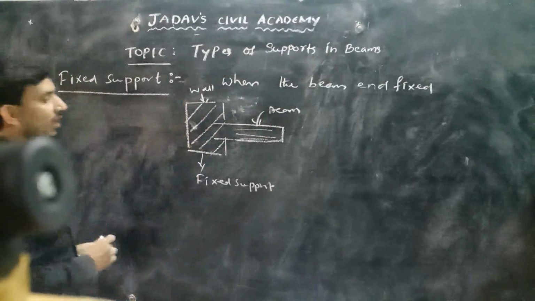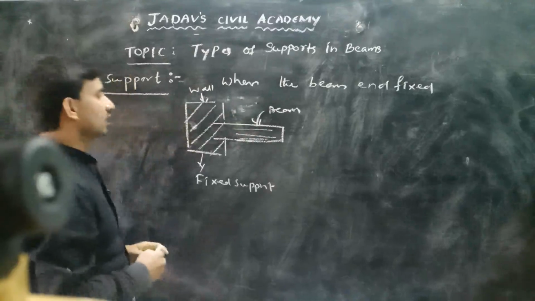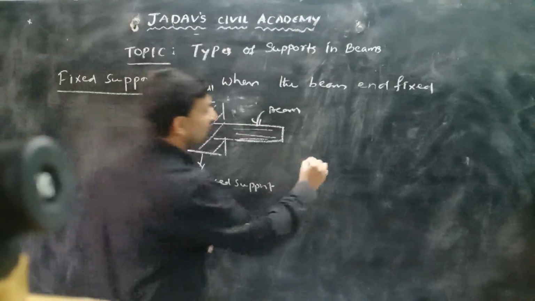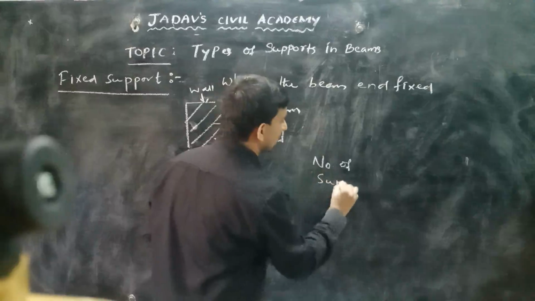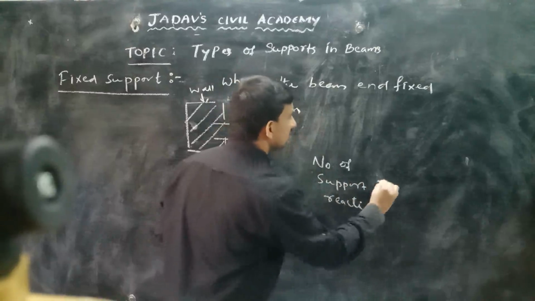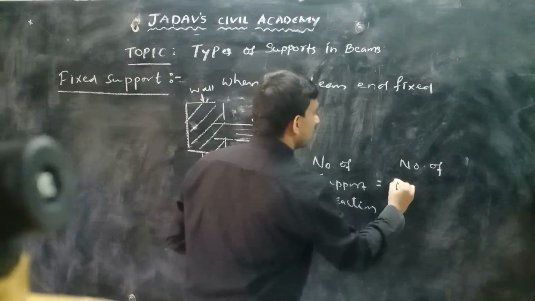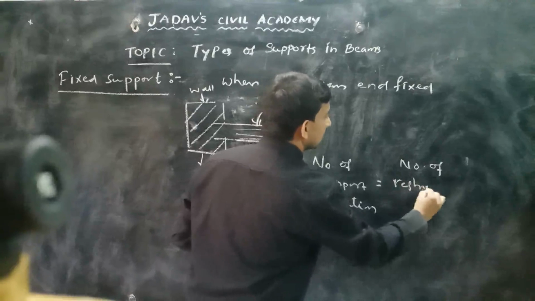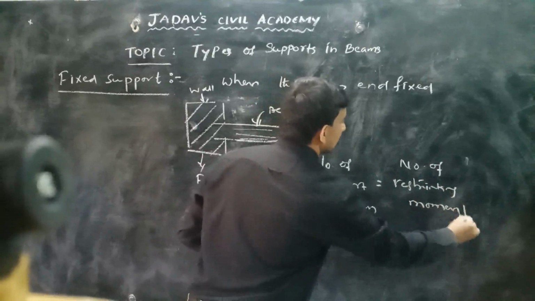So let me calculate how many support reactions we have for this fixed support. How to calculate that? Again I will write the formula. The number of support reactions is equal to the number of restricting movements.